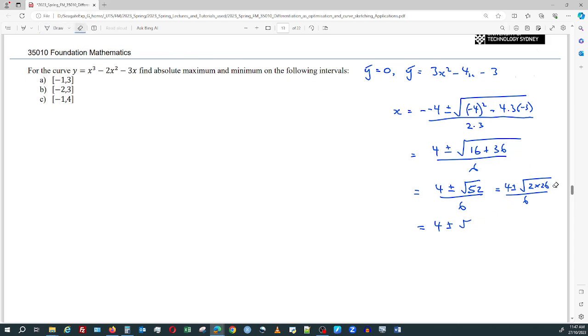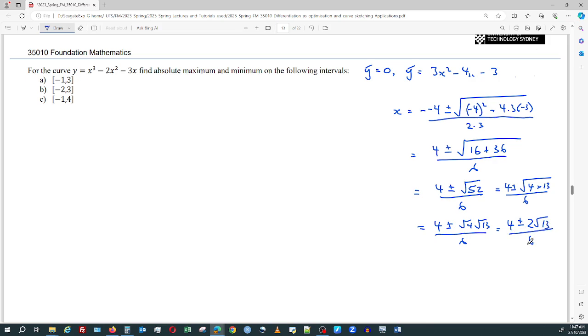As soon as I saw that root 2, I realised. So 4 13s, 4 3s are 12, carry the 1, 4 1s are 4, 52. Okay, so that's the square root of 4 times the square root of 13 over 6, so that's good. And that's now 4 plus or minus 2 root 13 over 6.